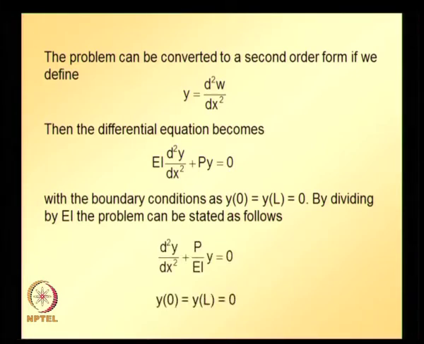We can write the problem statement in this manner: second derivative of y with respect to x square plus P over EI times y is equal to 0. That is the differential equation that needs to be satisfied between x is equal to 0 and L, including x is equal to 0 and x is equal to L, and the boundary conditions are y evaluated at x is equal to 0 and y evaluated at x is equal to L is equal to 0.